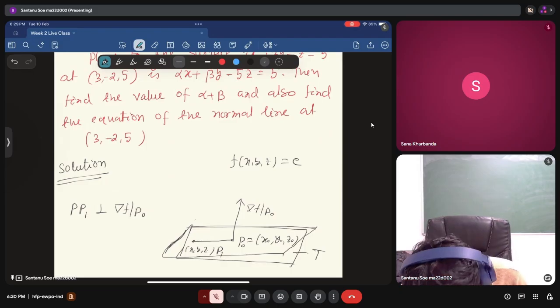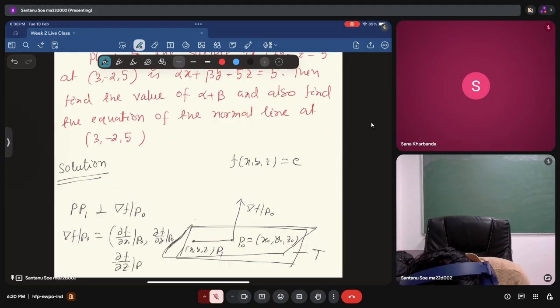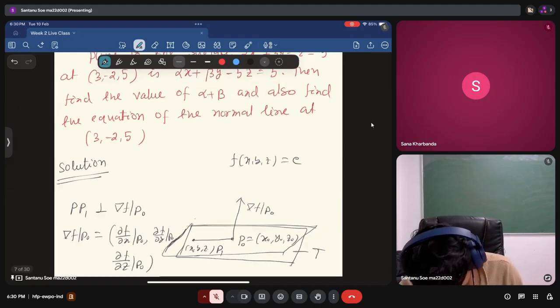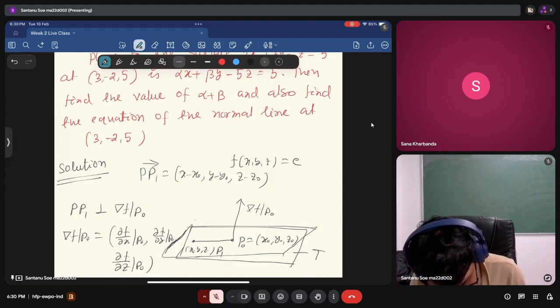Now what is gradient of f at P naught? This is going to be del f del x at P naught, del f del y at P naught, and del f del z at P naught. Okay, and the direction ratios of PP1 is x minus x naught, y minus y naught, and z minus z naught, correct?